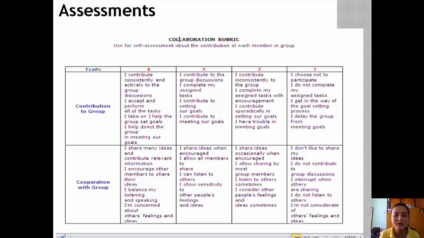In terms of contribution to the group, they will evaluate how they work and contribute to working in a group, whether they contribute consistently or not, whether they complete the assigned tasks or not. About cooperation with the group, they will decide how far they get on well with other members of the group and how far they work effectively with their friends.